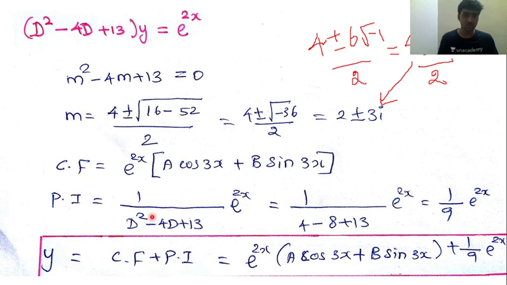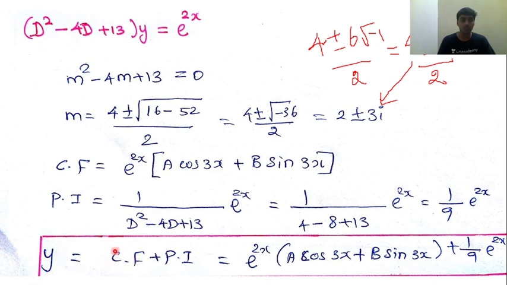This is the procedure. So we substitute the number 2 instead of capital D. So 2 square is 4, minus 4 into 2 is minus 8, plus 13. 4 minus 8 plus 13 is equal to 9. So 1 divided by 9 into e power 2x. This is the procedure.